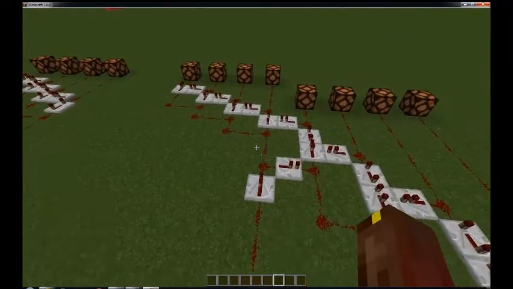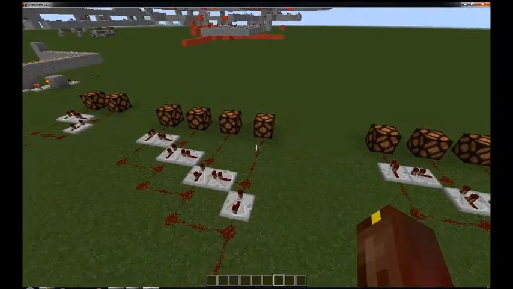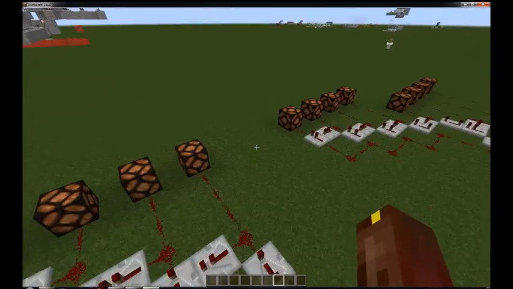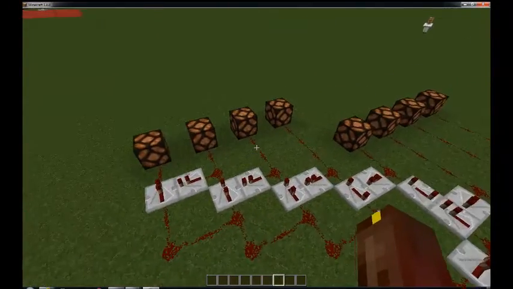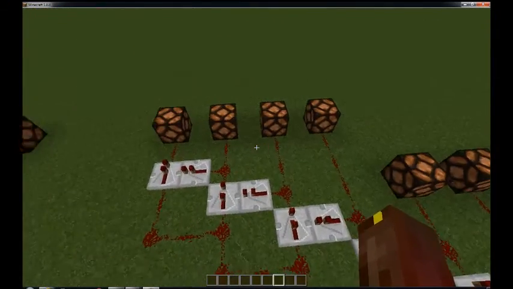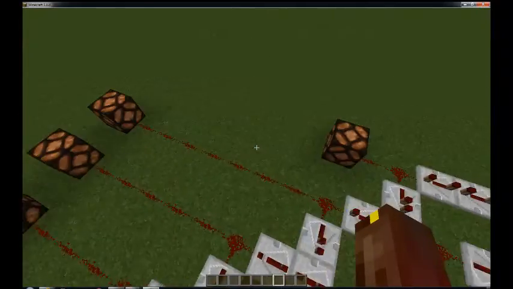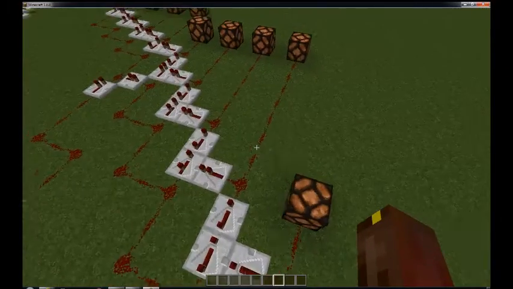Also, let me just make a bit of a note here. If you are building anything more than 4 of these, remember that you have to segment your circuit in groups of 4. So this is my first segment, this is my second segment, and this is the beginning of my third segment.